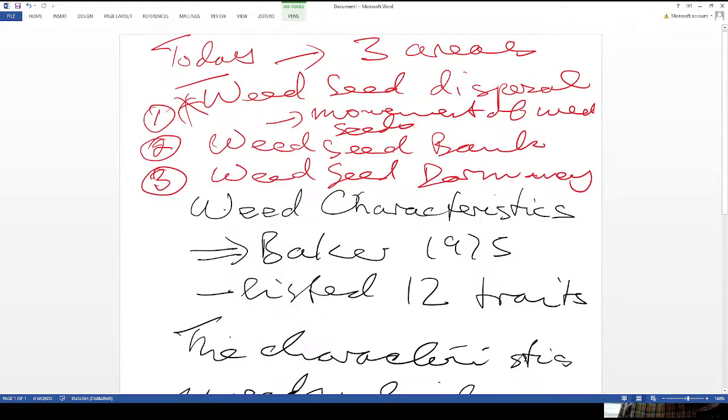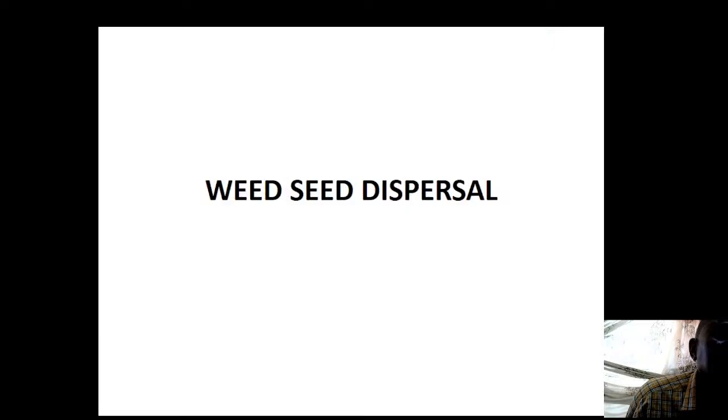So I was saying we are going to move on to talk about the seed dispersal. So with the seed dispersal, what is it?